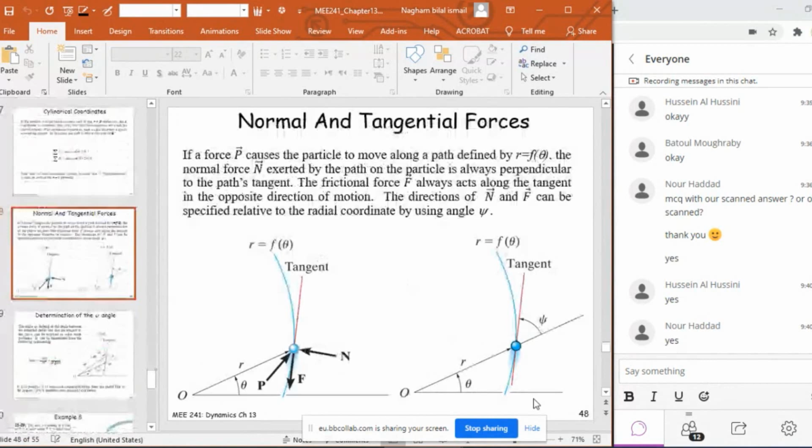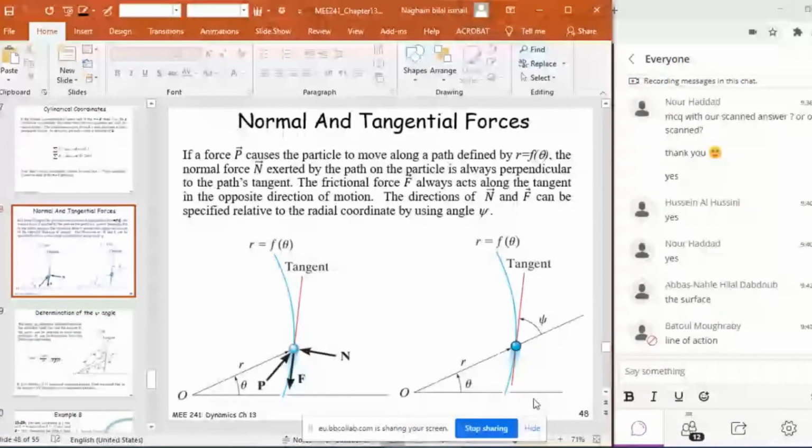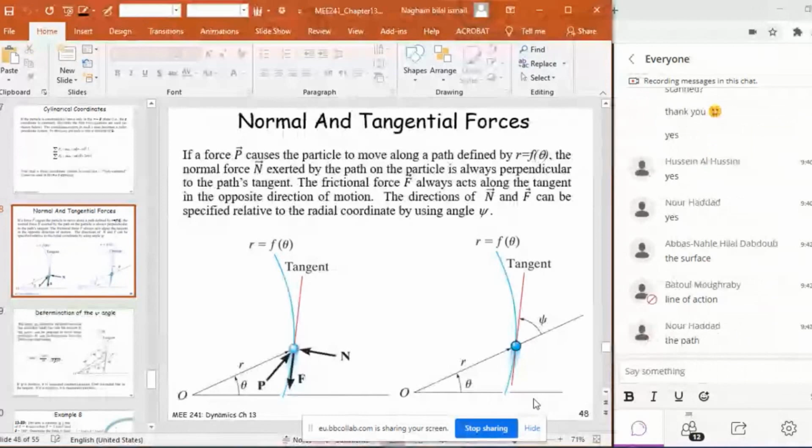I know, guys, in fact, that the normal force should always be perpendicular to what? The normal force should always be perpendicular to the support. All right? So if I have a support, the normal force should always be perpendicular to the support.